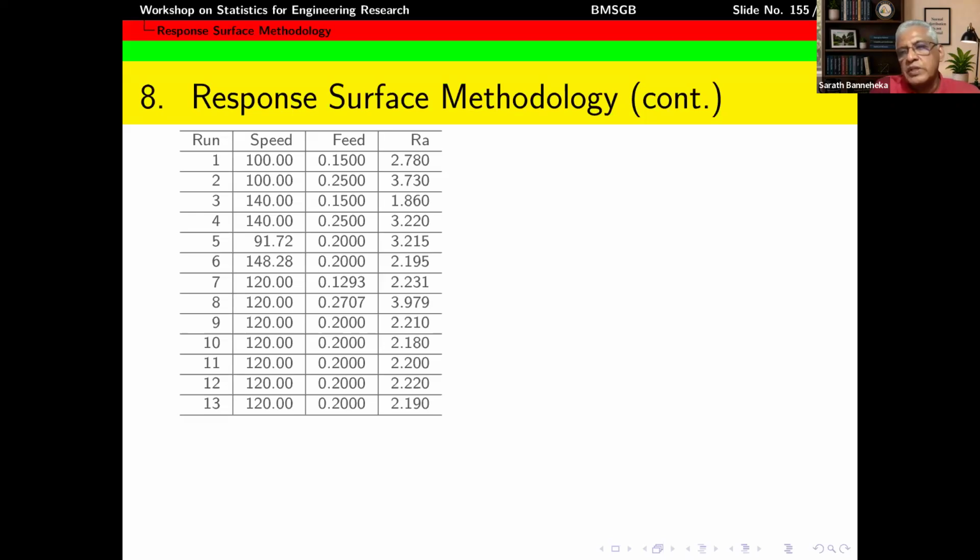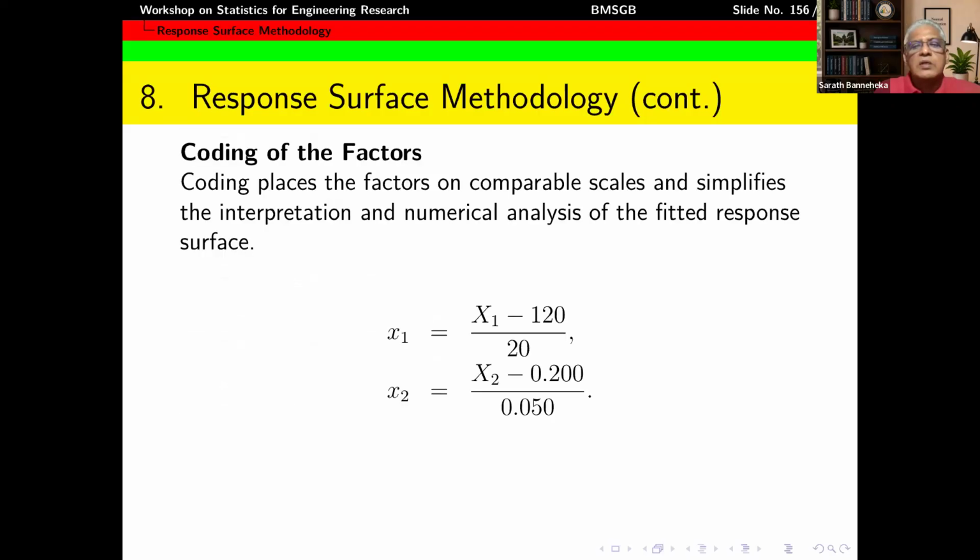And usually when you are fitting regression models with that kind of variables, with large differences in scales and values, there can be some technical problems. So this coding removes that kind of large difference between the numeric magnitudes of the values. So they bring them to comparable scales.